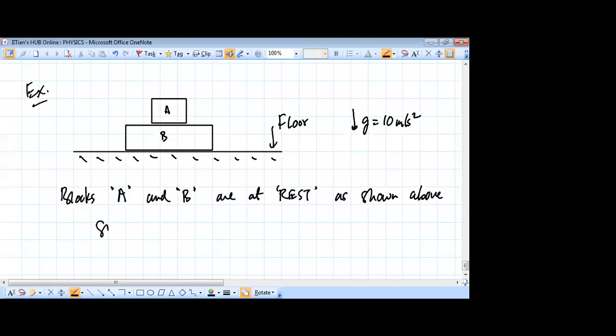Now given that the mass of A is 2 kilograms and the mass of B is 8 kilograms.